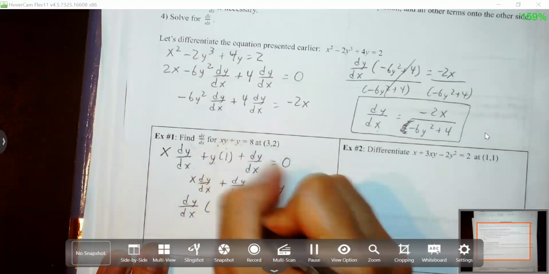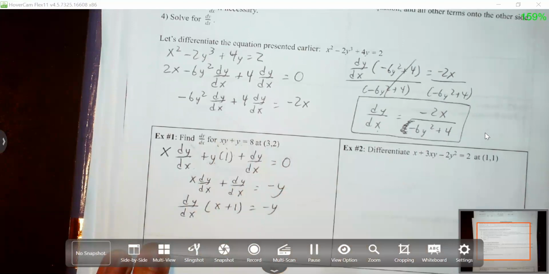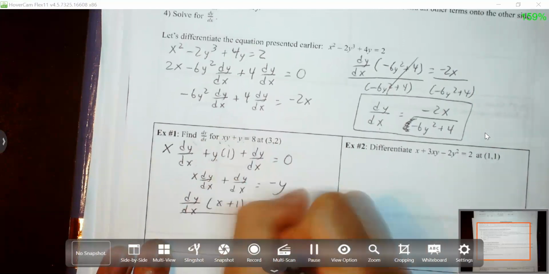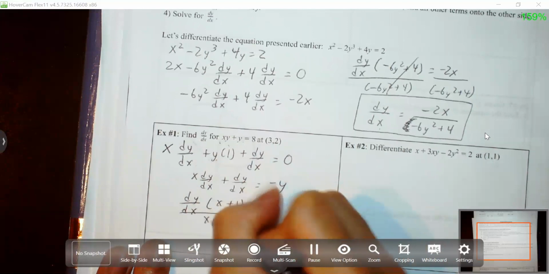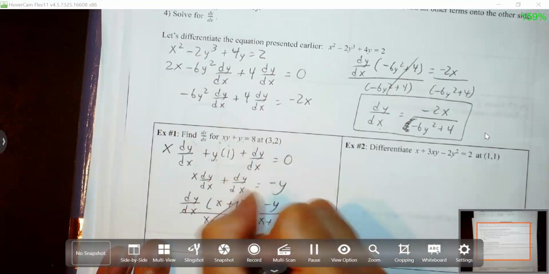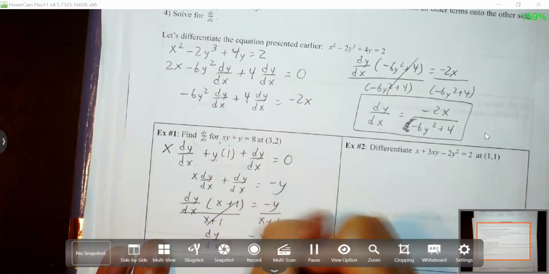And so I'm left with x plus 1. And then I divide both sides by x plus 1. And so my derivative is negative y over x plus 1.